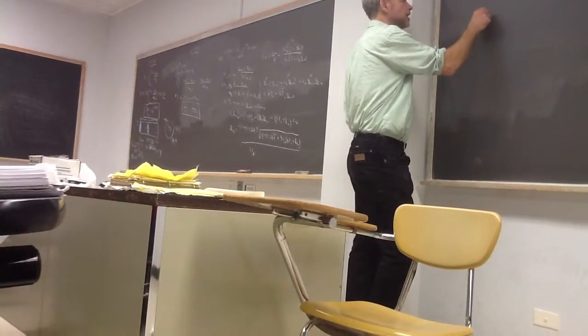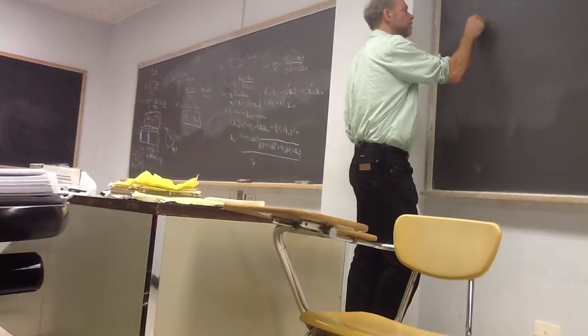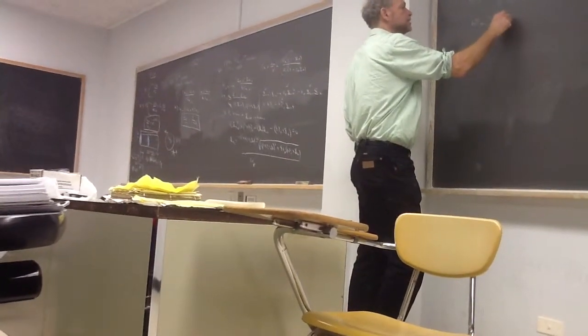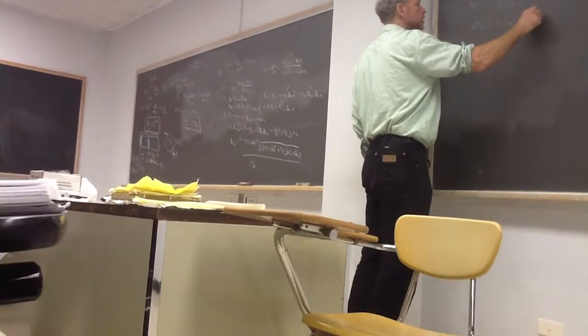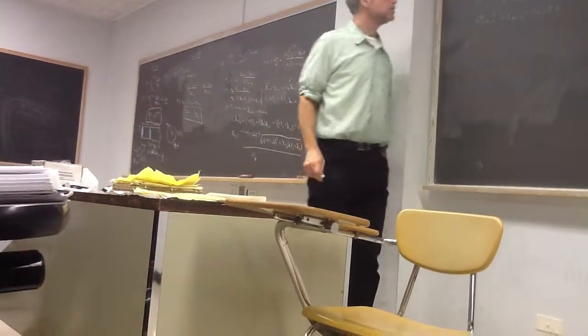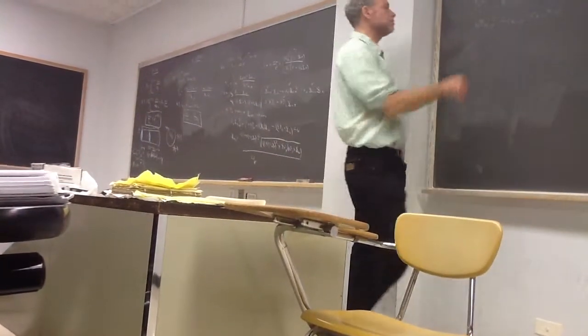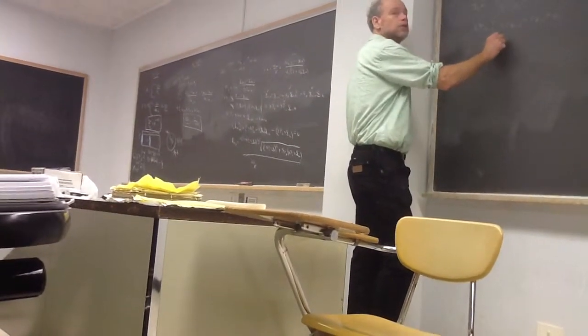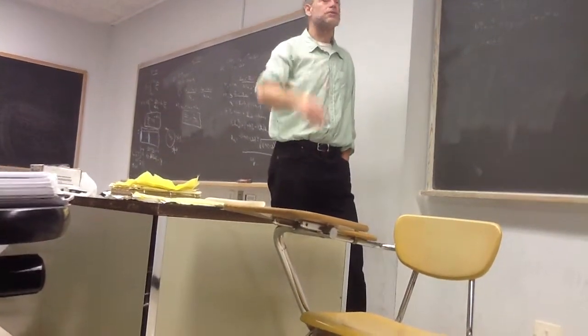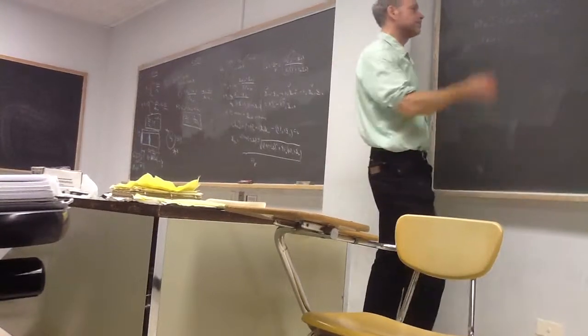I have k CA out squared tau naught plus CA out minus CA in equals 0. That looks like a quadratic equation to me. So I get CA out equals. So next person, please apply the quadratic formula.